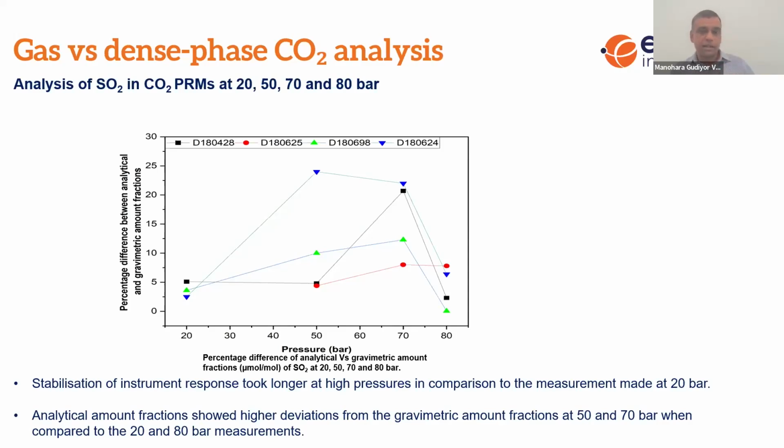We're still trying to understand what's happening here, and how we can accurately measure, or at least whether there is a possibility to measure dense phase CO2 using existing gas phase analyzers. That's all from my side, and these are the various challenges that need to be considered. These are the exact results. Next slide, please.